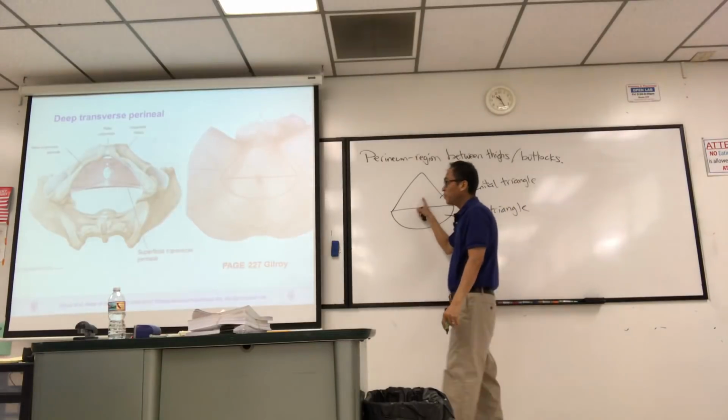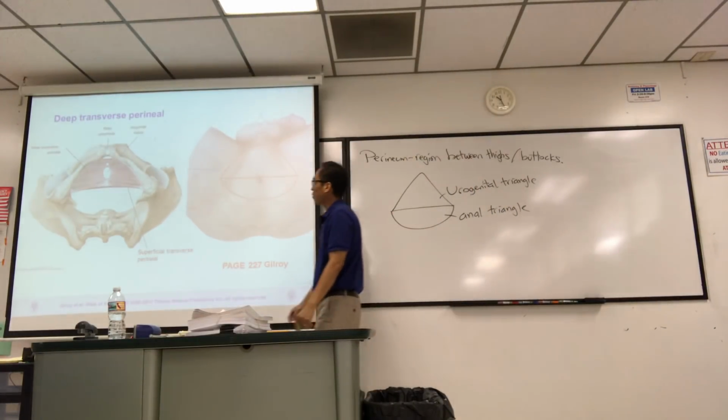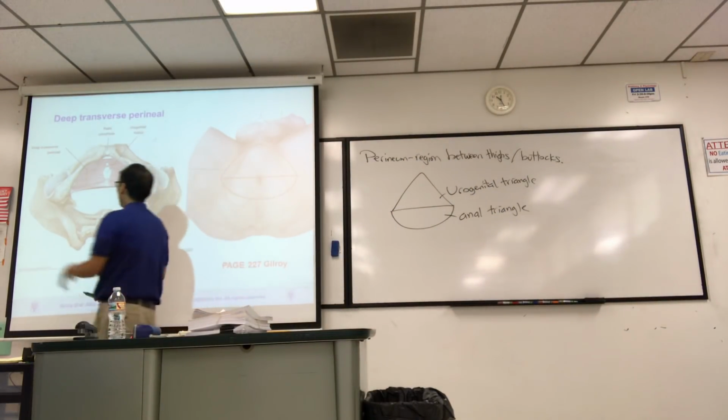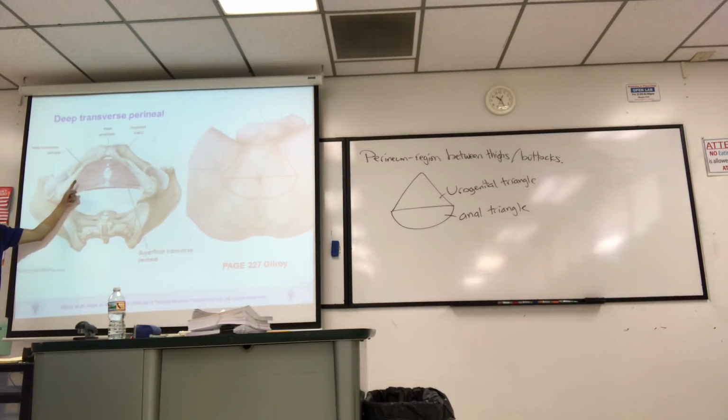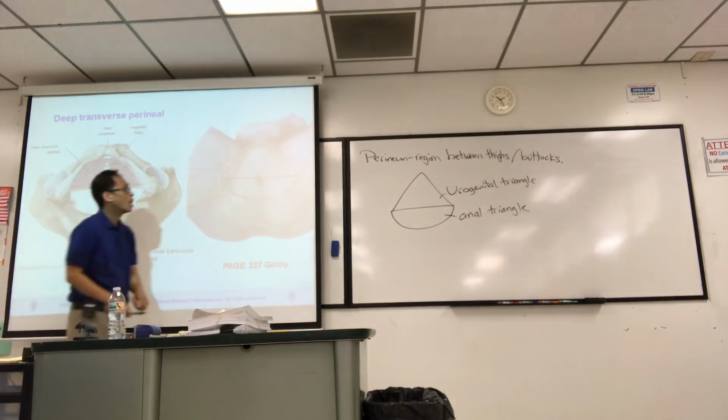We're not concerned with that, but the urogenital triangle, if you dissect the region, there's a muscle that spans the width of the pubic arch. It's called the deep transverse perineal. There's also a thin band called the superficial transverse perineal. Those muscles you should know.